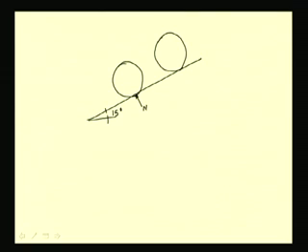Let us say the normal reaction is N1, and we have a frictional force F1 along this incline, because this cylinder, if allowed, will try to slip in this direction, and so the frictional force has to prevent this slippage. So, at this point of contact, the frictional force is upward along the incline.